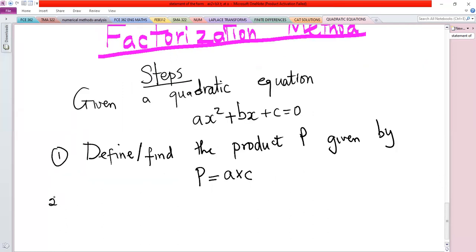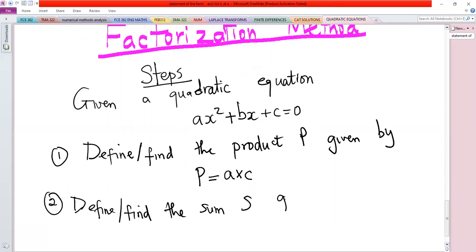And then two, define or find the sum S given by S, which is simply B, the coefficient of the variable raised to 1, so the coefficient of x.